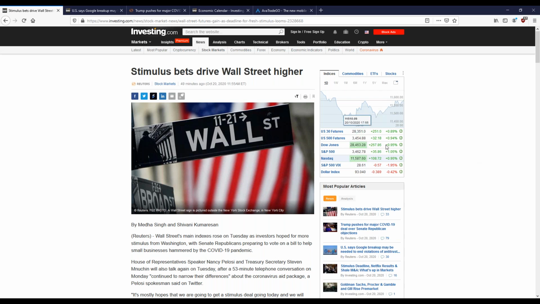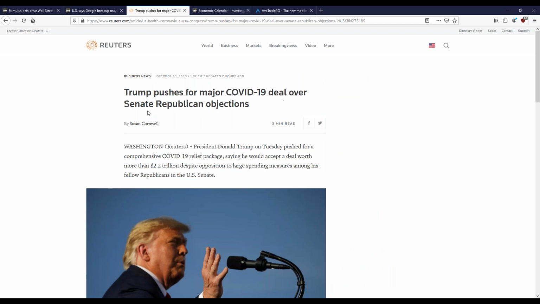So the optimism today is that maybe they will reach an agreement. An article says Trump is pushing for an even larger amount, pushes for a major deal, but the Republicans are more fiscally conservative and they don't want $2 trillion again or $3 trillion.